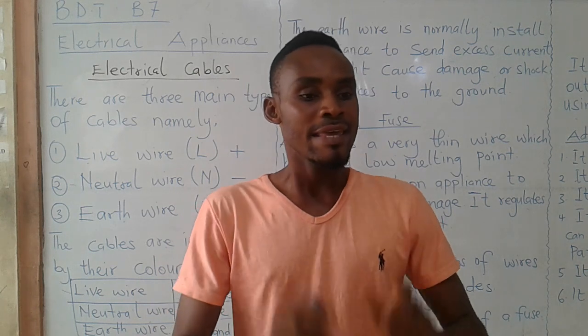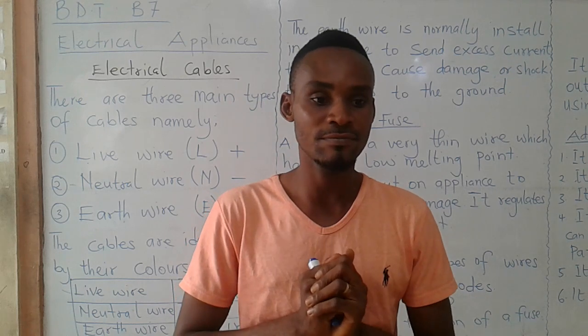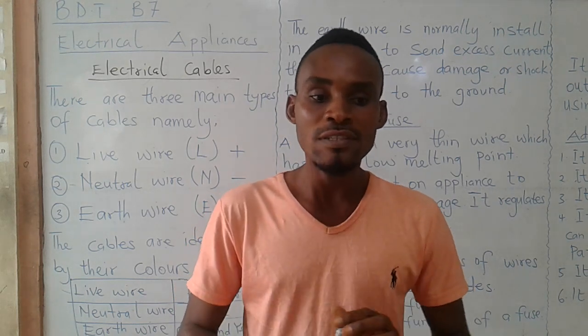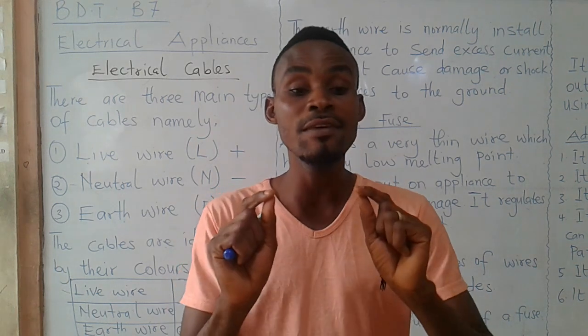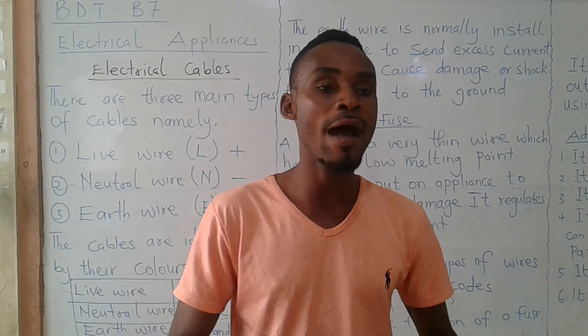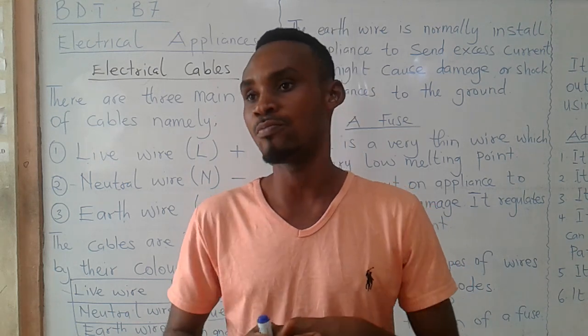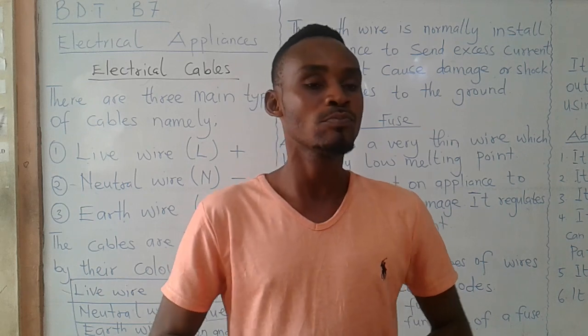Current is carried by electric wires. The most suitable metals used for making electric wires are copper and aluminium. So take note of that, copper and aluminium.